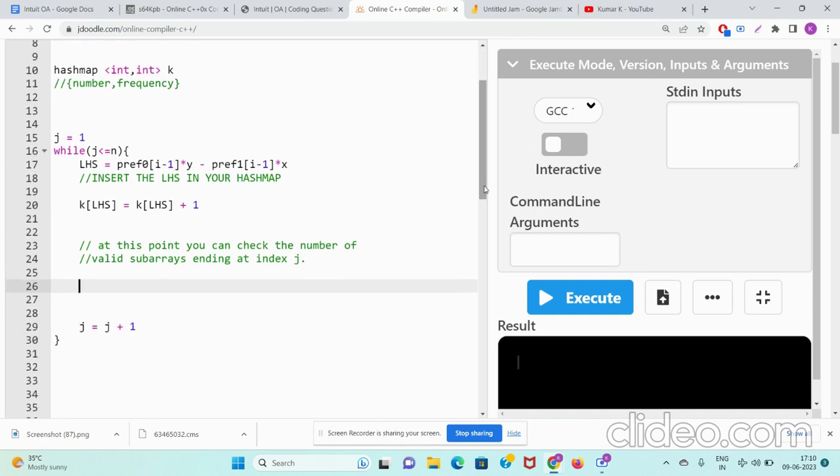Which will be those subarrays? Let's think about it in detail. They should be such that RHS equals LHS. So what will be the RHS? The RHS is always fixed, right? Should be writing j minus 1 because we are using j index. Okay, what will be the RHS?